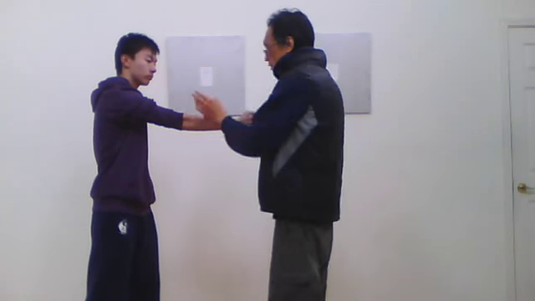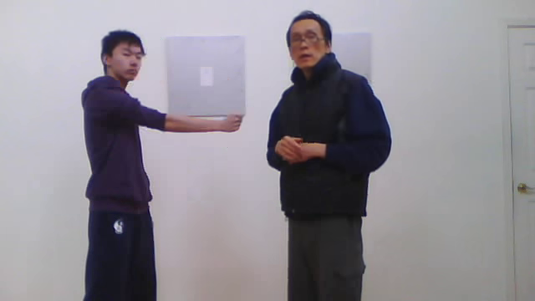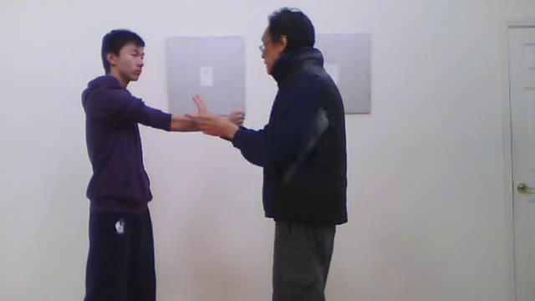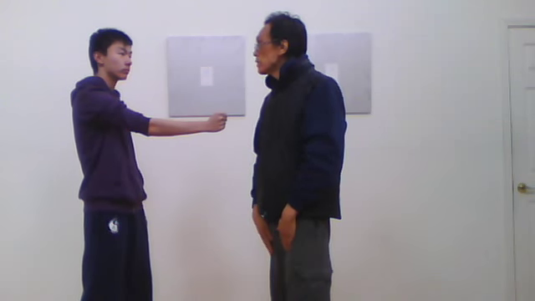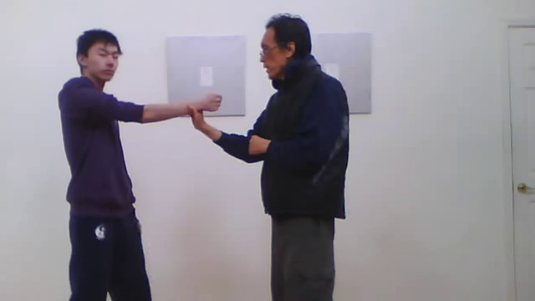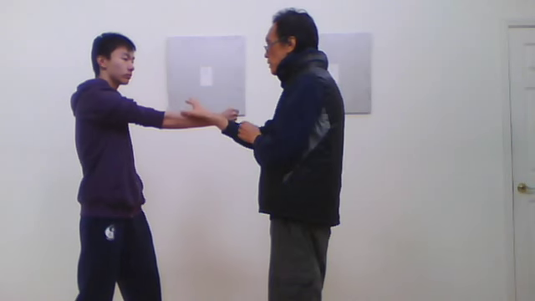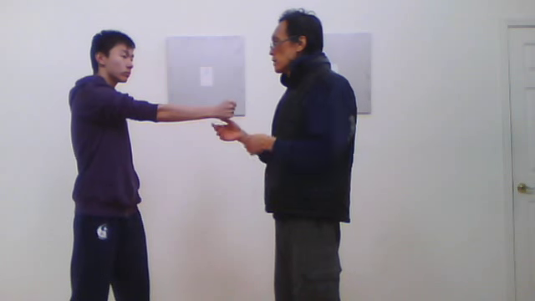Let me do it one more time. So that is the oiling sao. Now the second one is the QQ Fengyan.